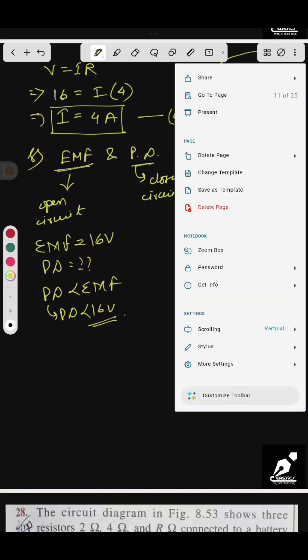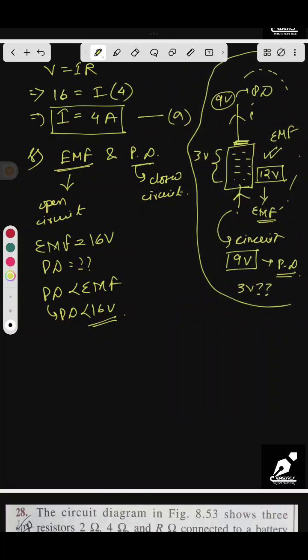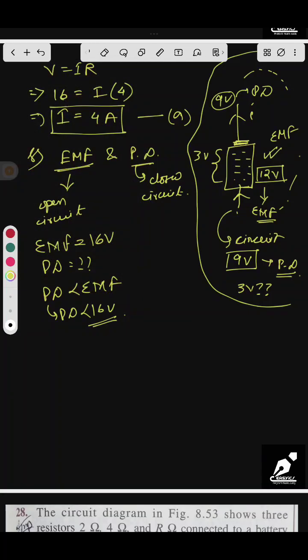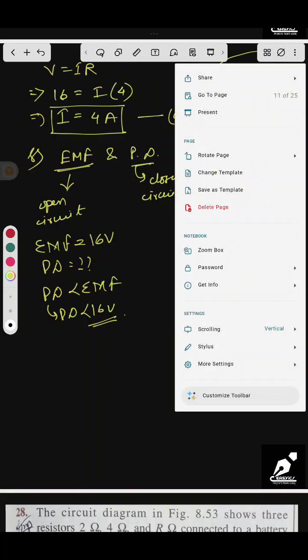I'm still new using these things. I don't know how to add a page. Okay, fine. I got it. Just a second. I will successfully add a page. There is an option of deleting a page, so easy.